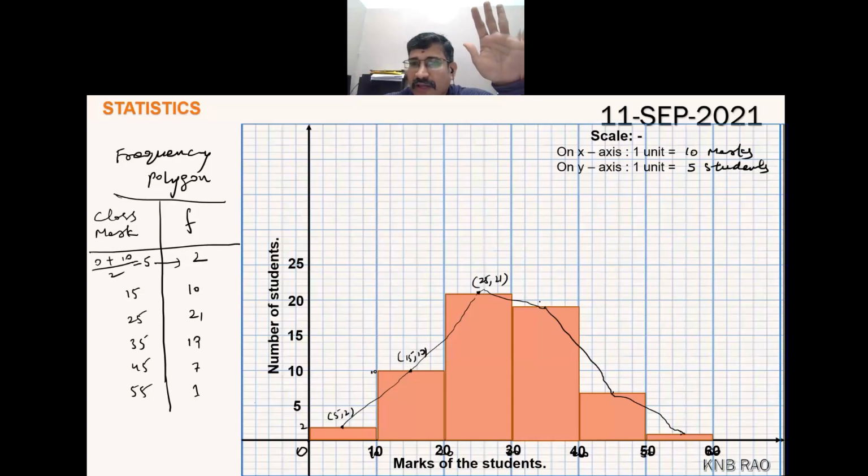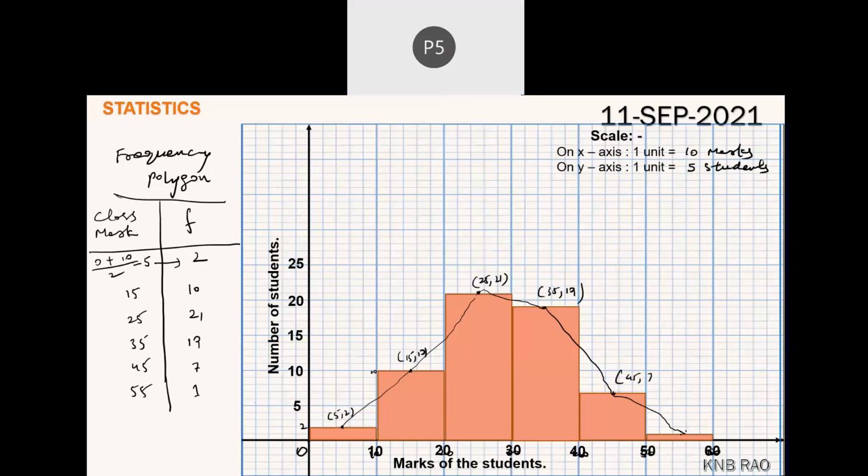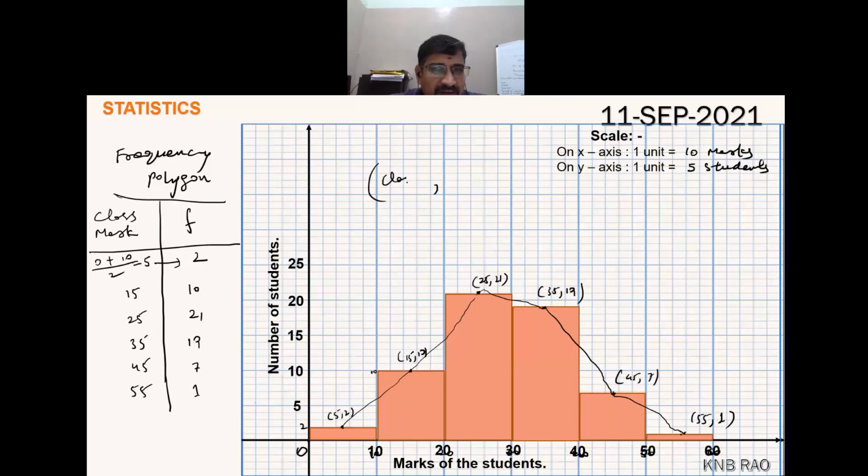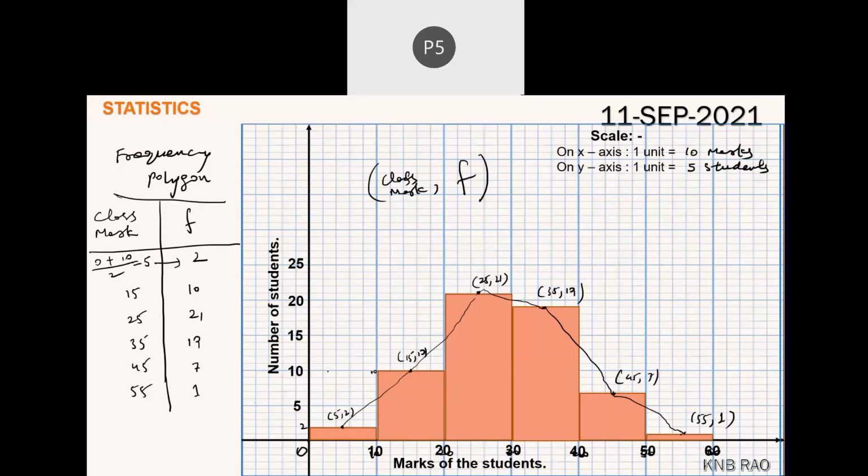It is a point 35 comma 19. And this is a point 45 comma 7. And it is a point 55 comma 1. Where abscissa is class mark and ordinate is frequency. That points, if you join, you will get a frequency polygon.